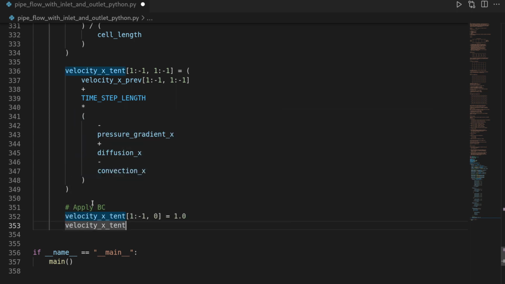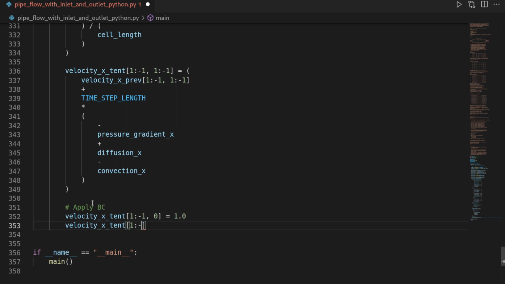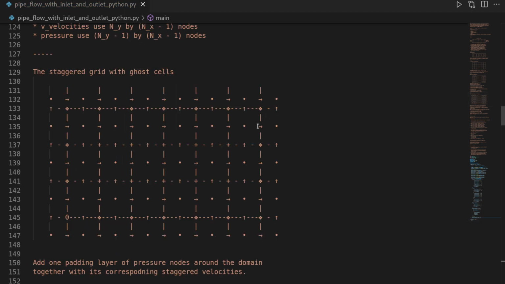Then for the velocity tentative at the right edge, so we do 1 minus 1 minus 1. So let's take a look. And here we have a 0 Neumann condition, so a homogeneous Neumann condition due to our outflow. And so in order to get a 0 derivative here, we will just set the value that is directly on the boundary to be equal to the value that is next to the boundary.